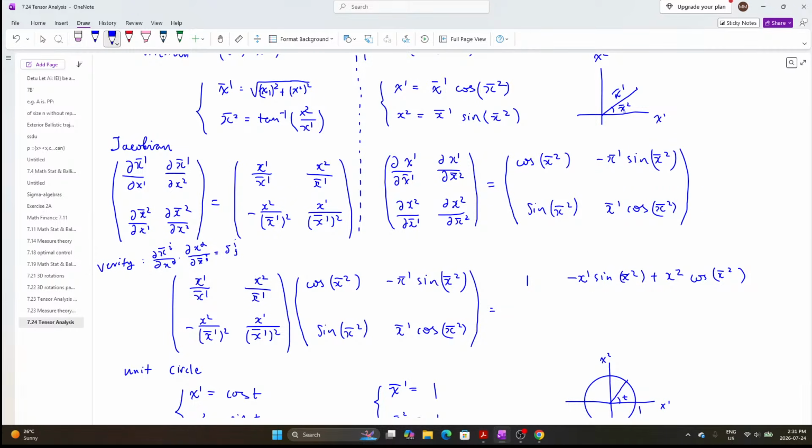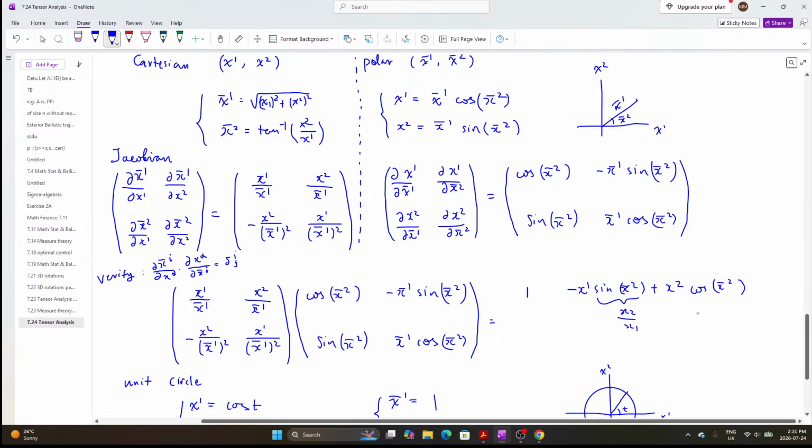Sine of x bar 2 is x2 over x1 bar. The scripts are all over the place. And cosine, look at the picture, is x1 over x1 bar. So you see they cancel out. So we're good here. Thank goodness for that. So that's 0.